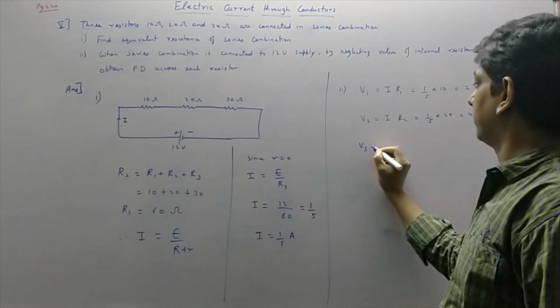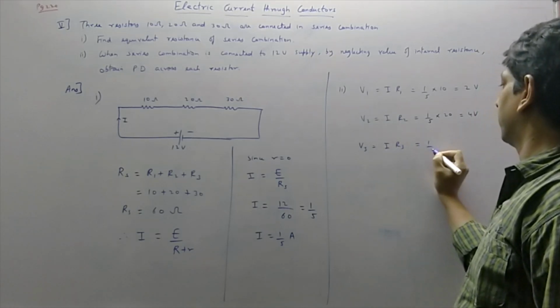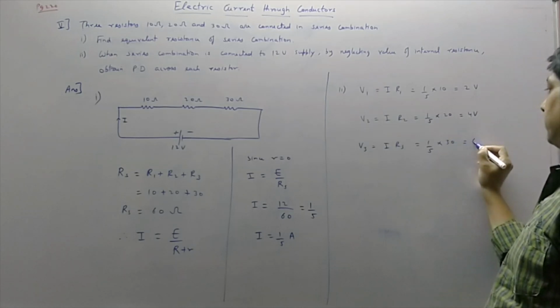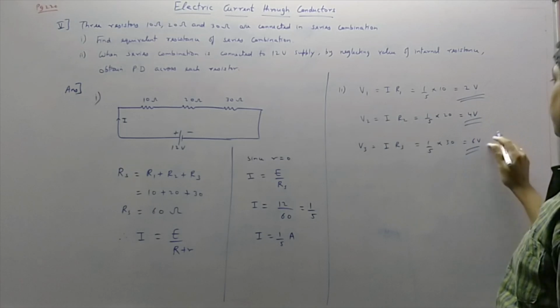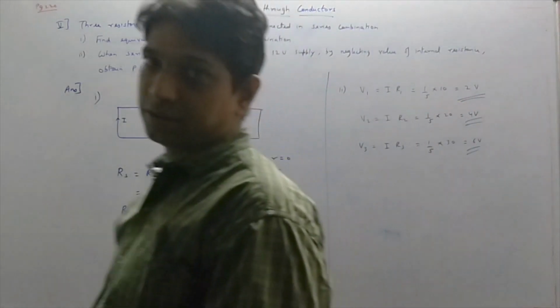And then V3 is I R3, because the current flowing is the same, 1 upon 5 into 30, that is 6 volts. When we add 6 plus 4 plus 2, we get 12 volts.